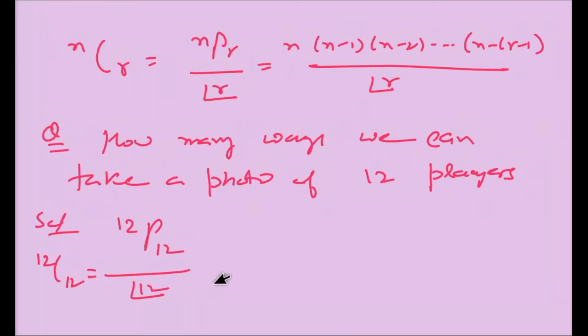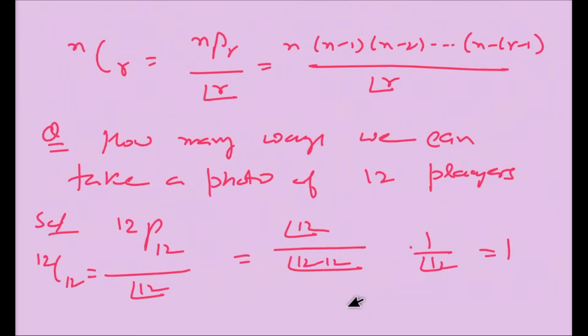So we can write this way: factorial 12 upon factorial 12 minus 12 times factorial 12, that is one way. Okay, so think about this topic. They are different, but we select them as the same player. So we are using this selection, right? Understand the topic.